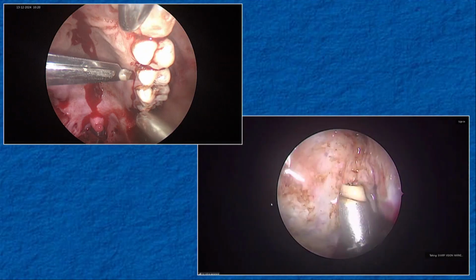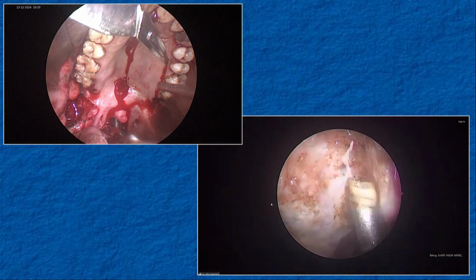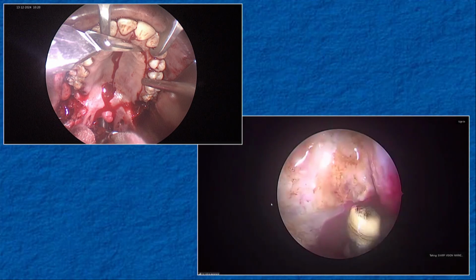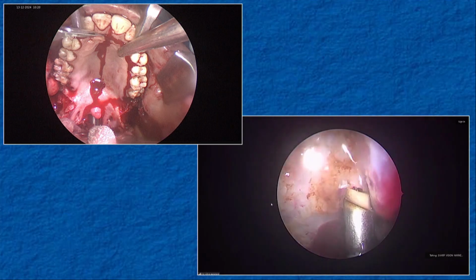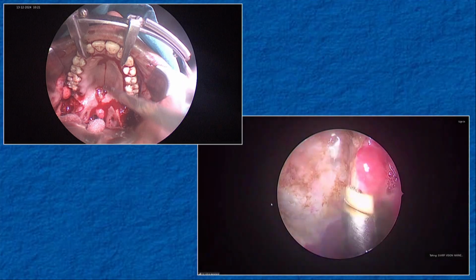Two questions actually. First is, can you please tell us the details of the boundaries, how you identify complete adenoidectomy? And second is, are there any special tips to prevent damage to the Passavant's ridge?